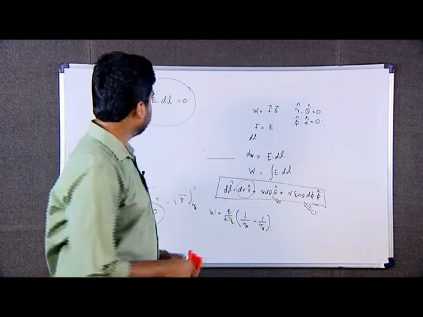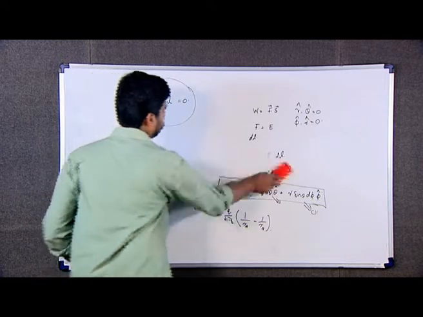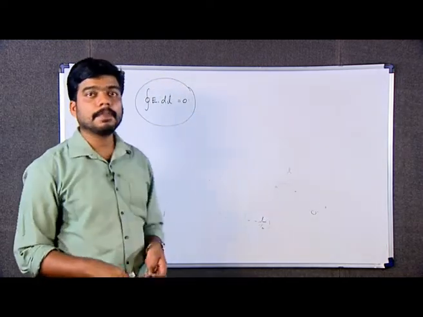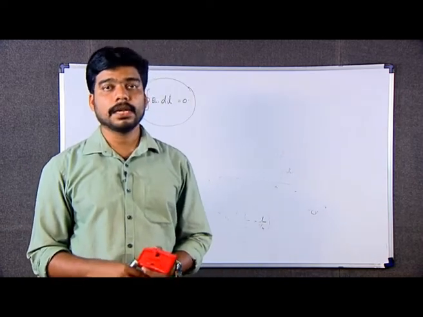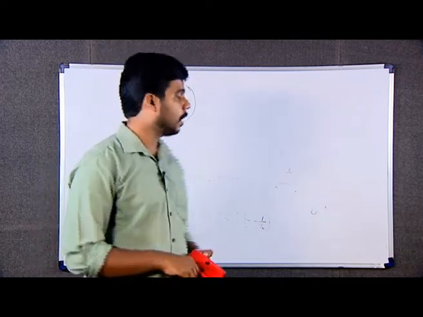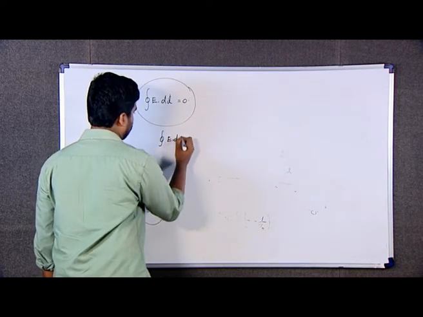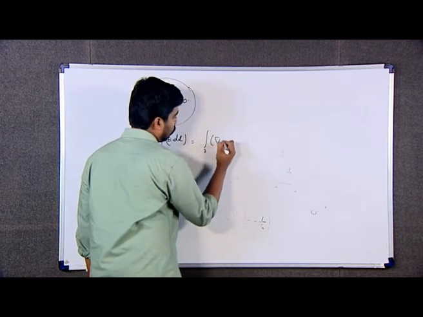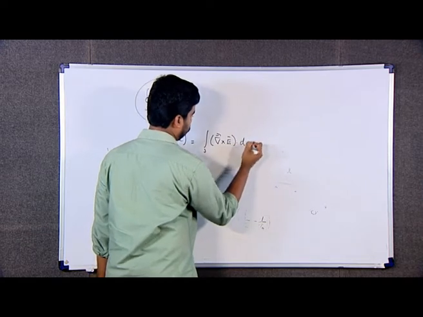Now, for this equation, apply the Stokes theorem. If I apply the Stokes theorem, the closed integral E dot dl will become the surface integral: closed integral E dot dl is equal to surface integral del cross E dot dA.